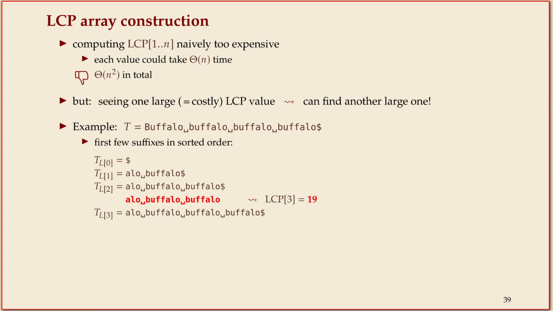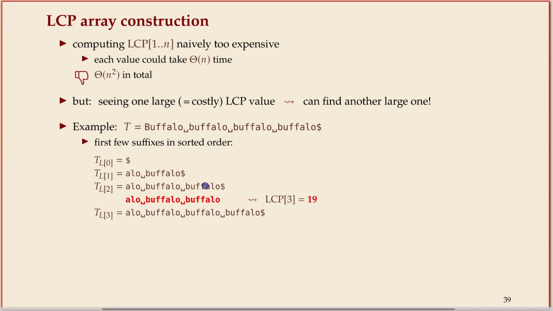The insight to speed that up is if you imagine doing this naive algorithm for every next pair of leaves, you start comparing from the beginning how many characters are the same. Suppose you do that and you have one really long entry.